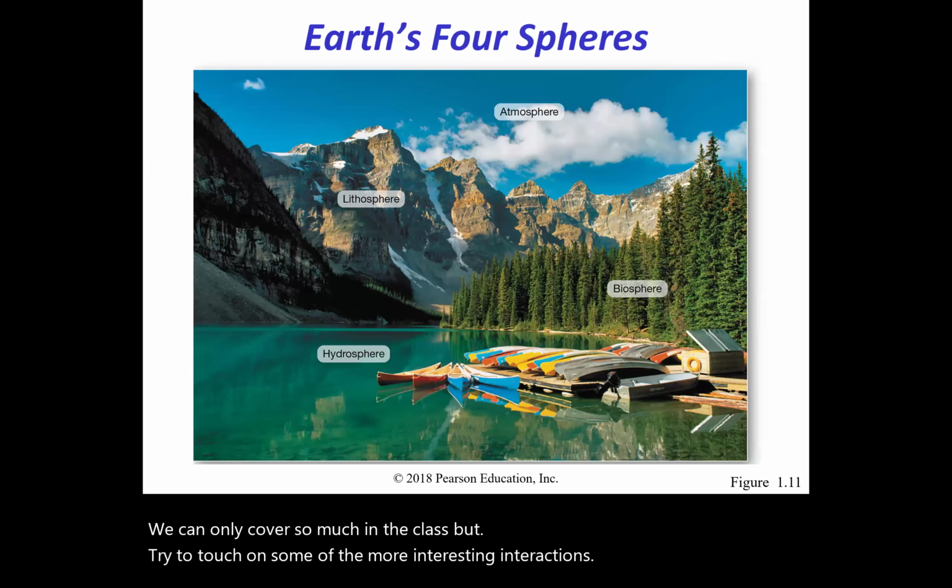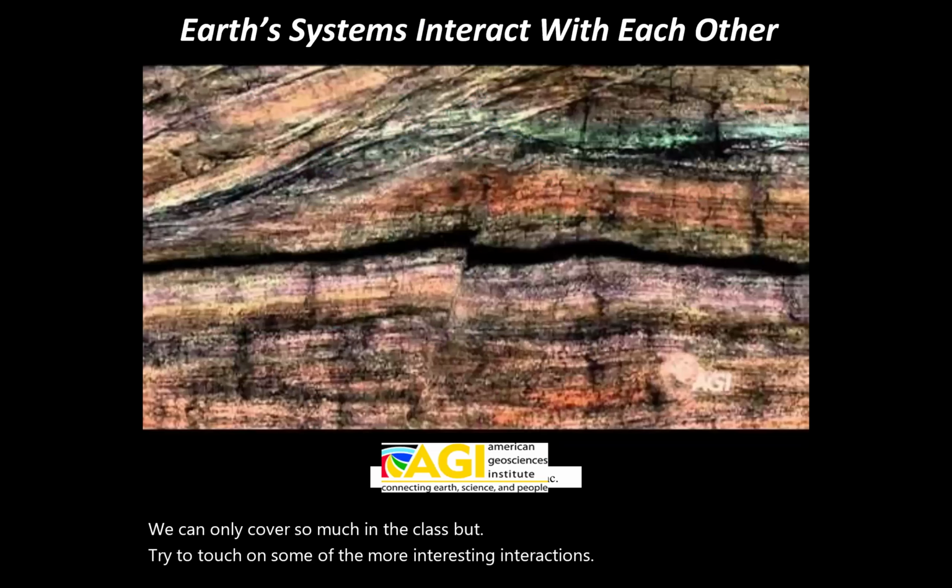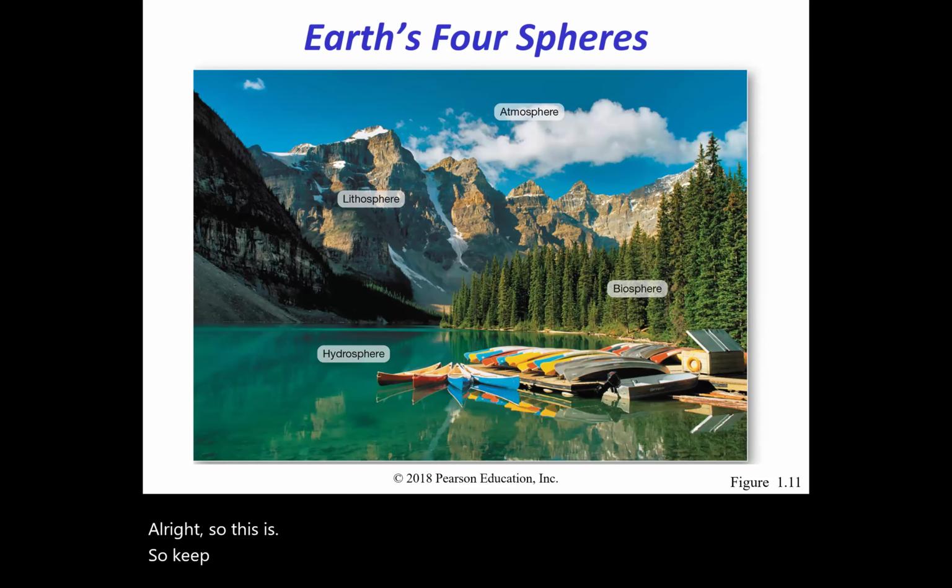All right, so this is a visual representation of Earth's four spheres. We have the atmosphere up in the sky with the clouds there, the lithosphere, the rocks, mountains, any of the land, I suppose. That's the lithosphere.